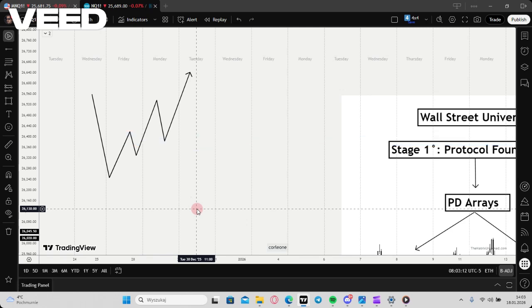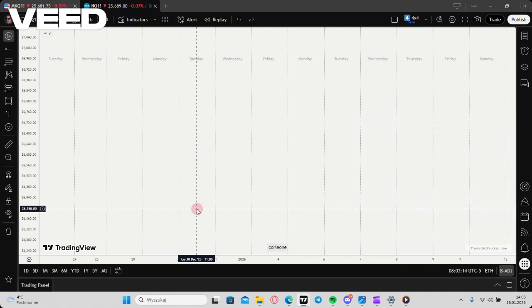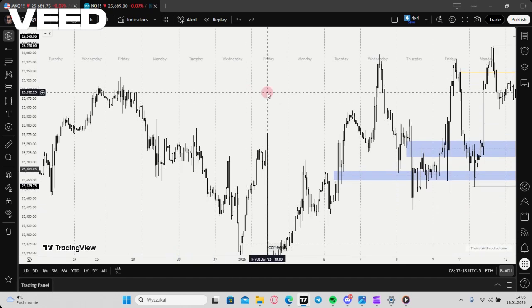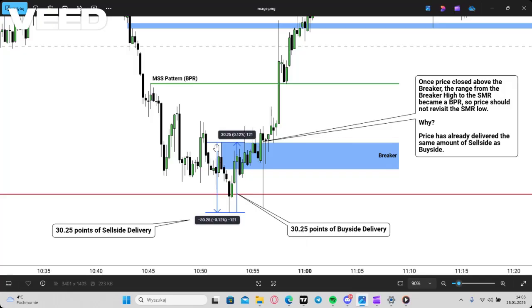Now let's talk about balanced price range and why the breaker is a balanced price range. Take a look. We have sell side, buy side, sell side, buy side. We have 30.25 points of sell side delivery met with the same amount of points in the buy side delivery.